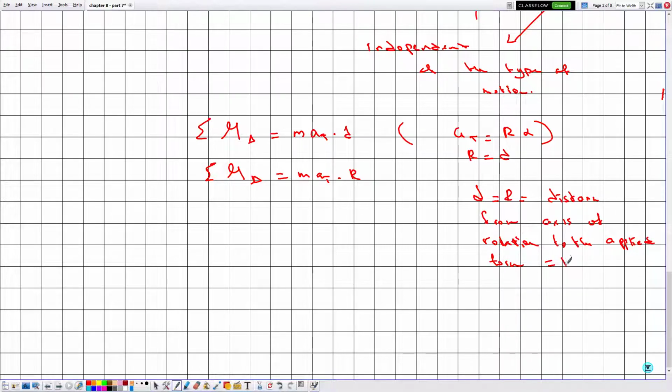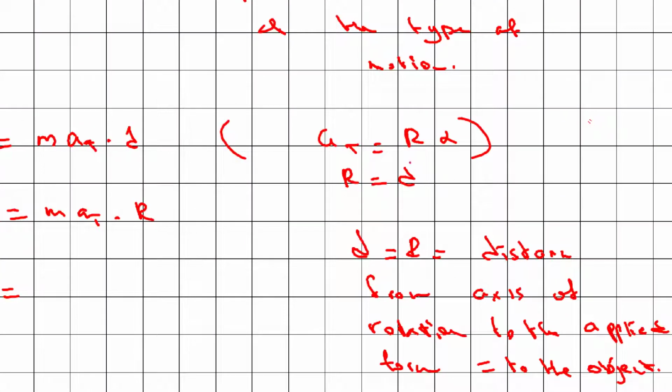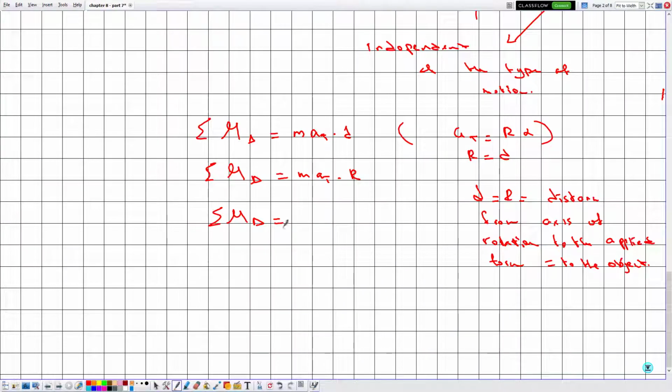Which is the same to the object. Now in this case, we have that the sum of moments around the axis delta. Now here, the tangential acceleration is equal to R alpha.